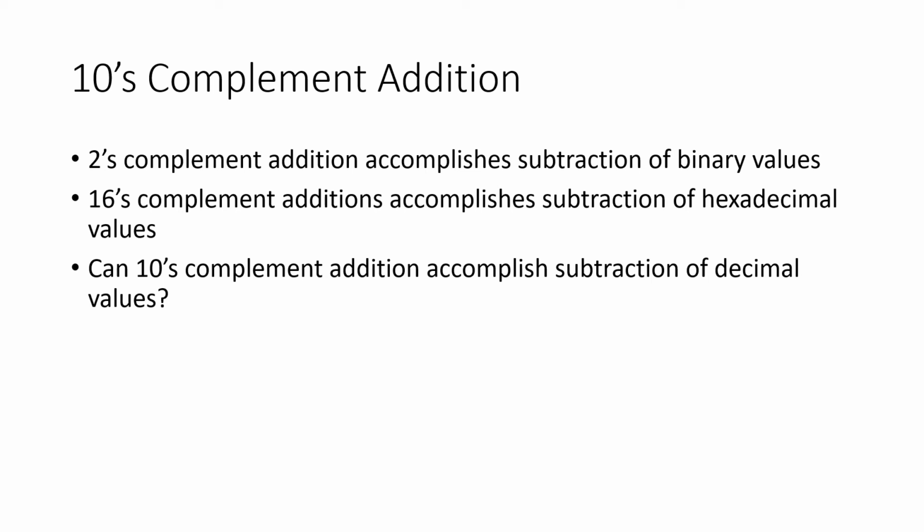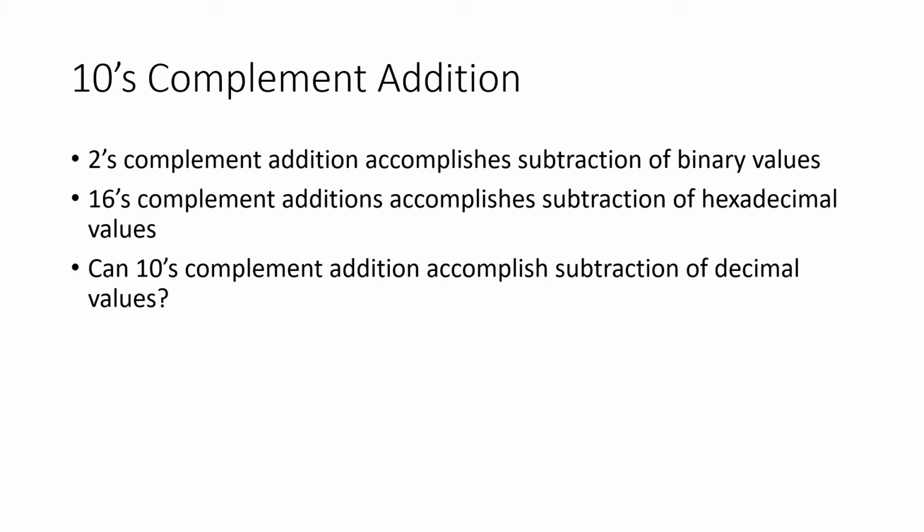Now, a few years ago, I was doing a lecture on this to one of my microprocessor classes, and I got to thinking, gosh, if this works for 2's complement binary values, and if it works in 16's complement for hexadecimal values, shouldn't it work for decimal values?